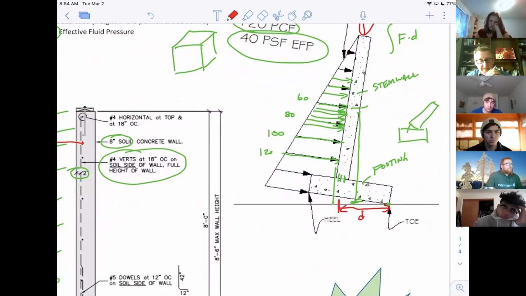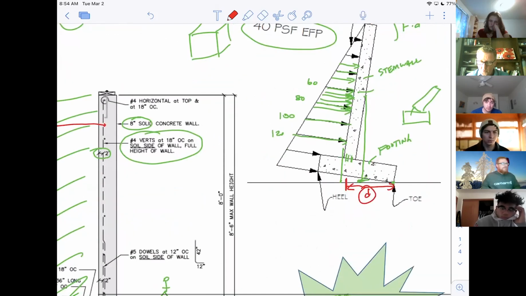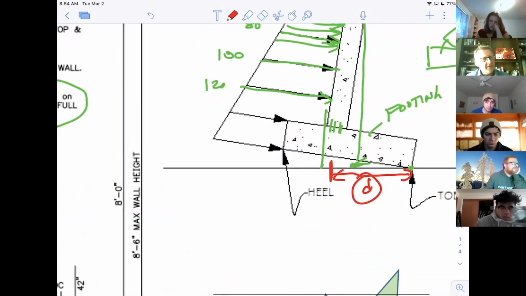And so the biggest thing the engineer can do is make that distance right there as big as possible. Now, you don't want to make it so big you cost the people building the house a bunch of money, but that's why that toe is so long, because we're getting a lot more torque out of whatever the weight of the roof is, for instance. We're getting a lot more torque by increasing that distance down there.